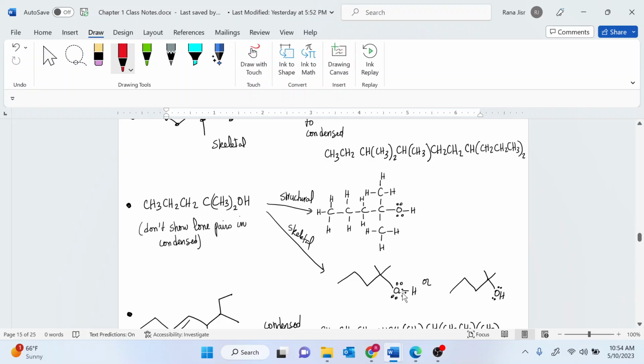And if you show the bond, it is not wrong, but only between the oxygen and the hydrogen. You cannot opt out the hydrogen here next to the oxygen. You cannot treat the hydrogen on the oxygen like the hydrogen on the carbon and opt it out in the skeletal. You have to show it for these structures in there.